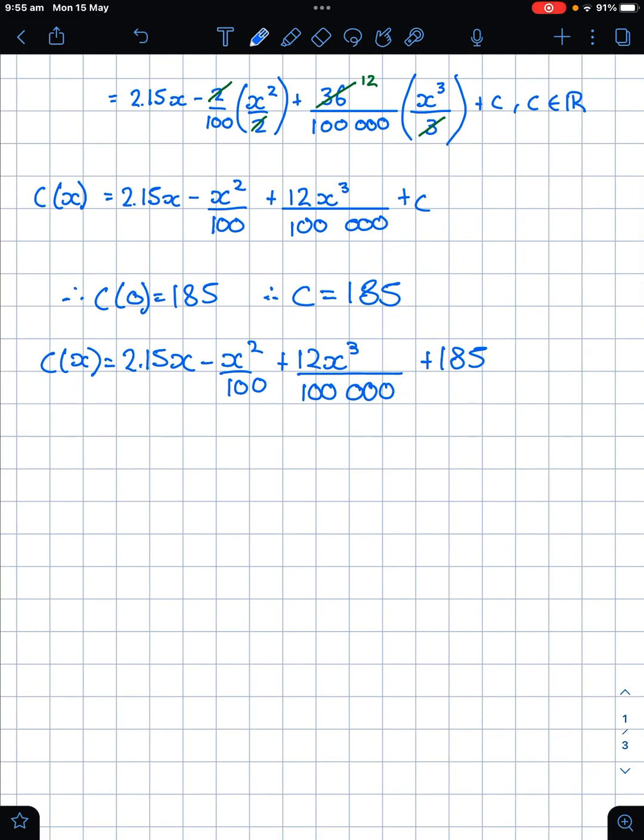So if I type that in my calculator, which I'm going to quickly do now, and I suggest you do the same, 2.15x minus x squared over 100 plus 12x cubed over 100,000. You've got to be careful there, plus 185.